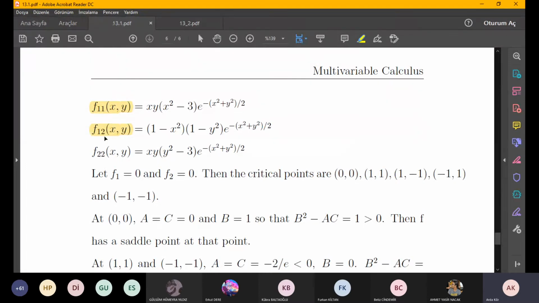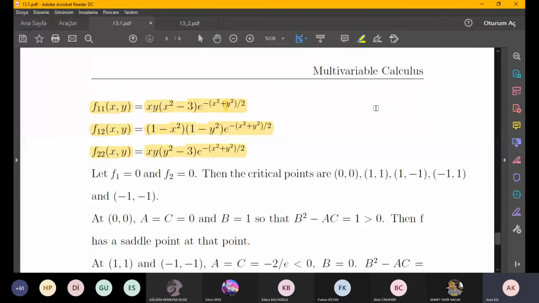Again, by differentiating f1(x,y) with respect to y, you will get f12(x,y), and if you differentiate f2(x,y) one more time with respect to y, then you will get f22(x,y). So those are the second partial derivatives that we need to know.